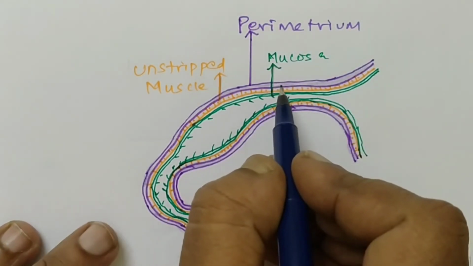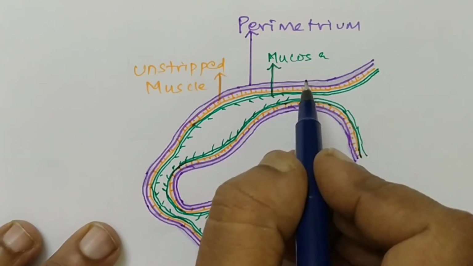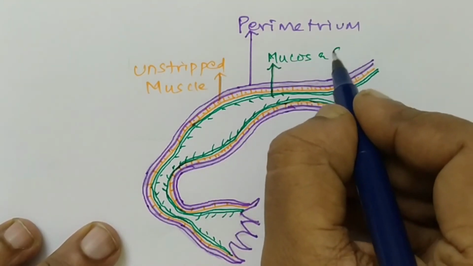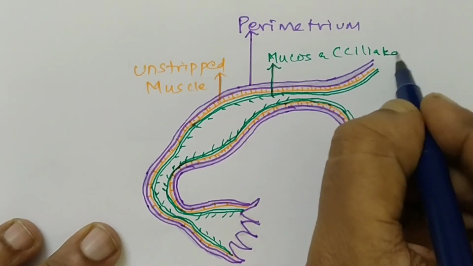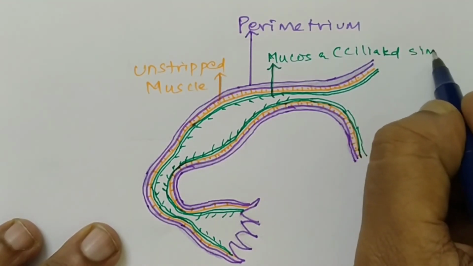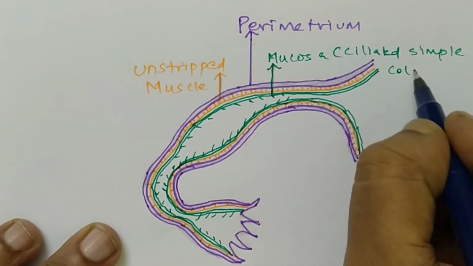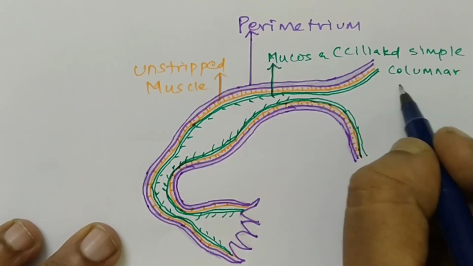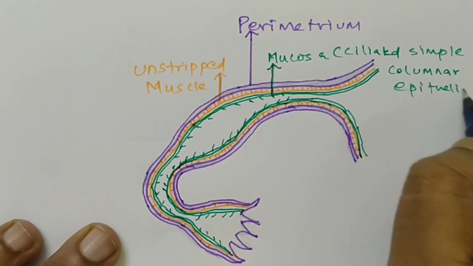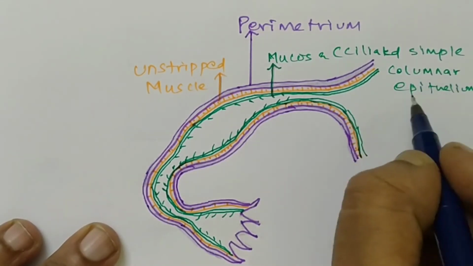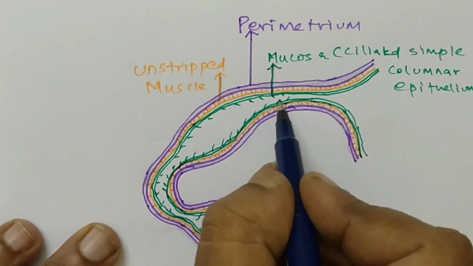That mucosa membrane is made up of a special type of epithelium, that is ciliated simple columnar epithelium. It has many cilia inside.